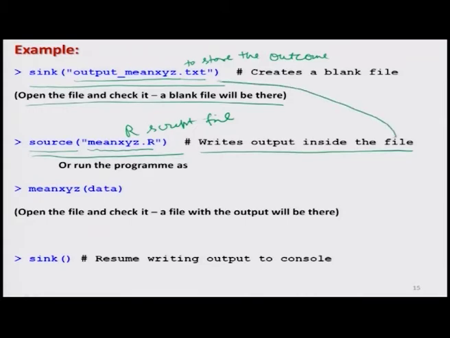Here I have two options: either I can use source, or I can also write the program mean xyz data, and it will also write the outcome over there. And then in the third step I write sink and then this argument, and this will resume writing the output to the console.